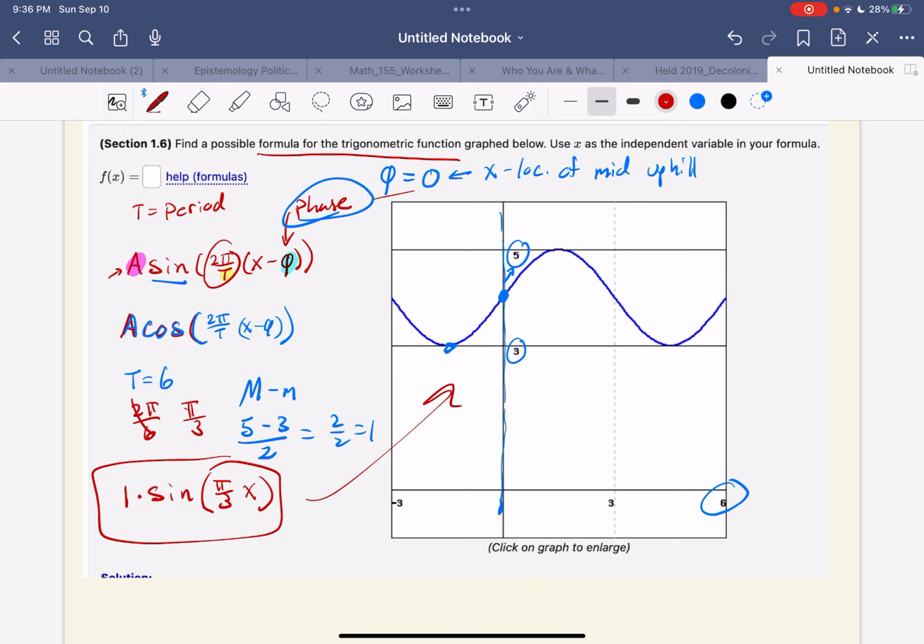Sorry, I forgot one more thing. We could shift it up, plus, I don't know what the book calls it, I'm too lazy to look it up. This is sort of the average, so we'll call it little a, AVG. It sucks because we got amplitude and we got average, so I don't know what the book calls it.